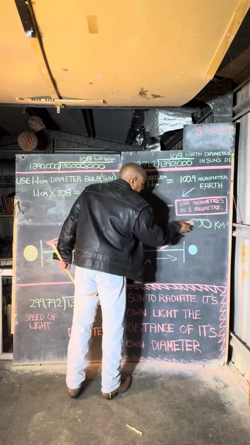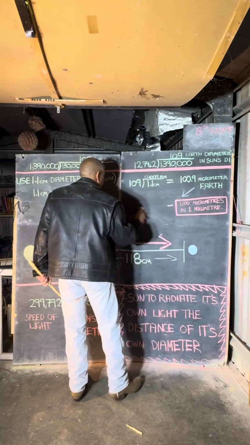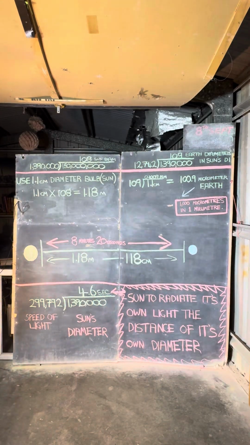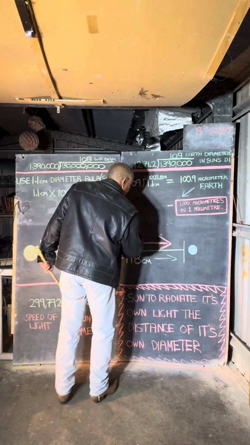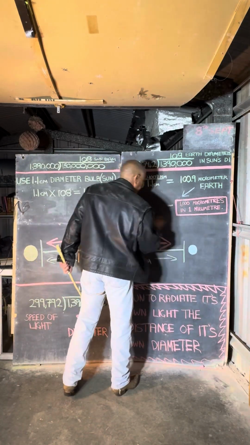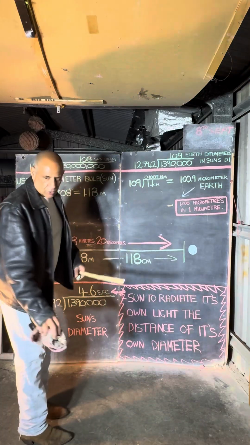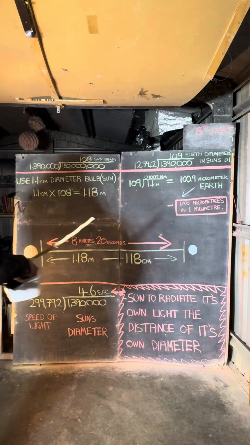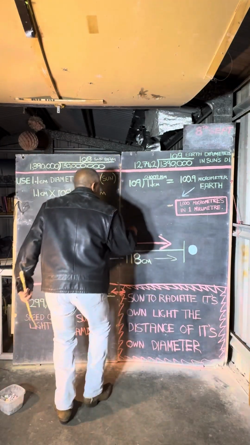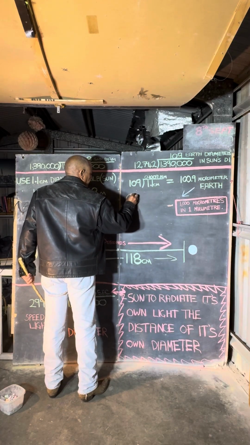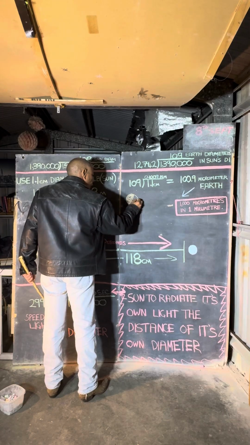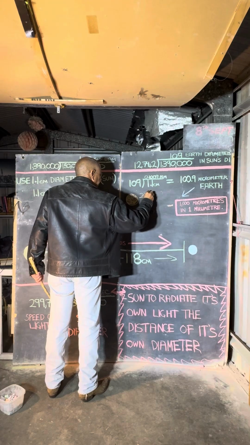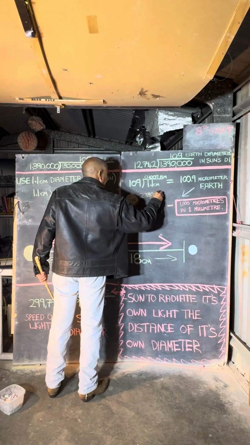UY Scooty, one of the monsters of the heavens, so they say, right, with a diameter of 2.37 billion kilometers, right?